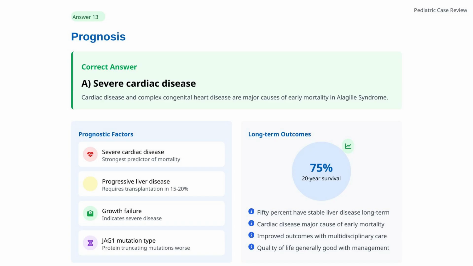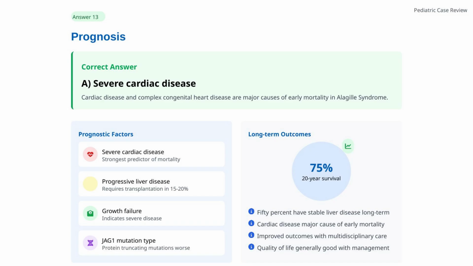The overall 20-year survival rate is approximately 75%, with 50% of patients having stable liver disease long-term. Cardiac disease remains the major cause of early mortality, while outcomes have improved with multidisciplinary care approaches.